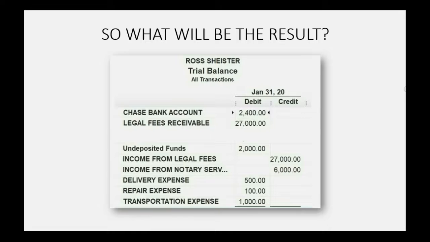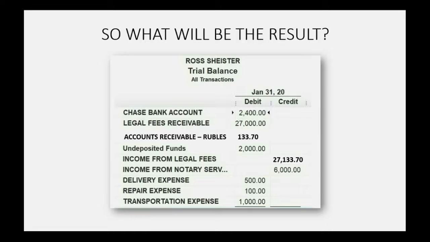So what will be the result? Well, we just earned $133.70 more worth of income from legal fees. So income from legal fees will increase to $27,133.70. And of course, because this is our first transaction with rubles and we are owed a foreign currency, QuickBooks automatically creates a new account receivable account just to show how much is owed in rubles.